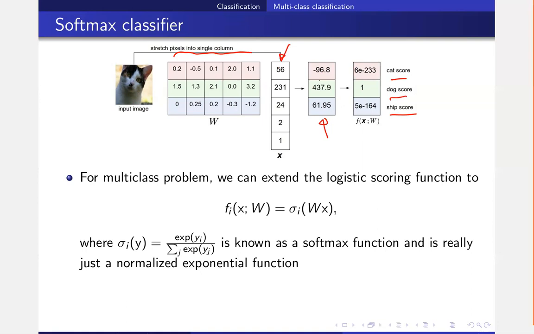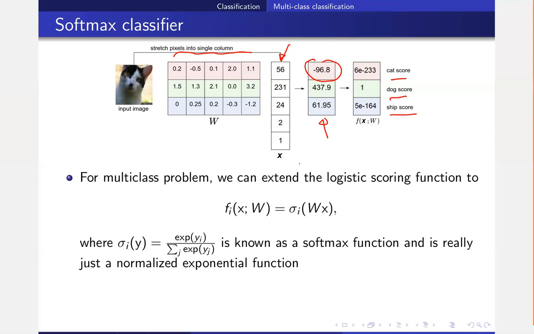The way to scale that is, instead of the logistic function, I can use the so-called softmax function. When the score is higher, it's more likely to be that object.